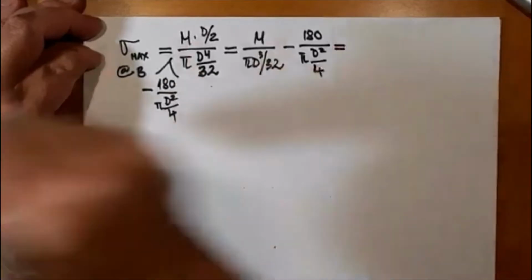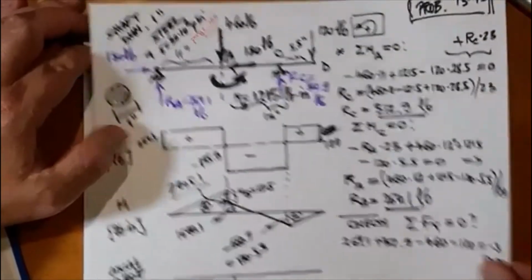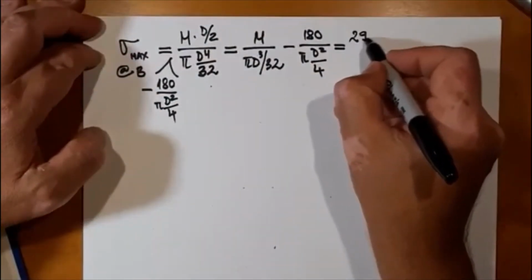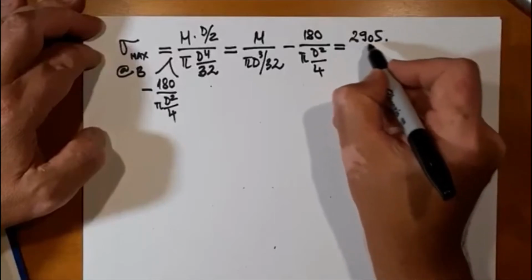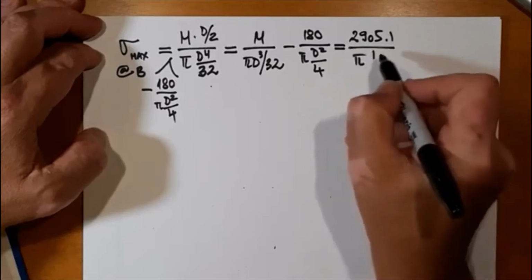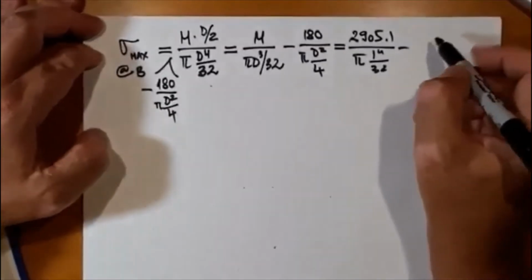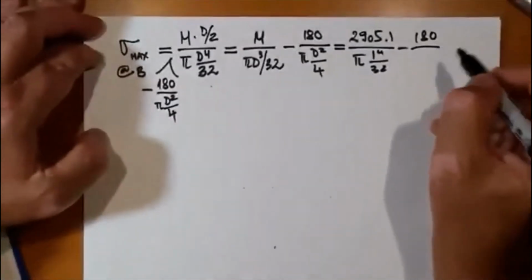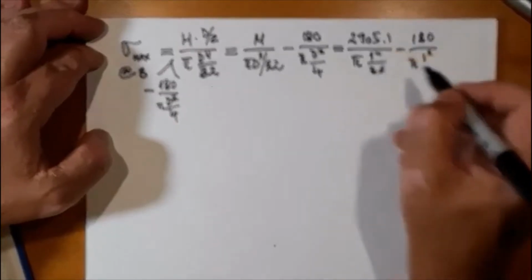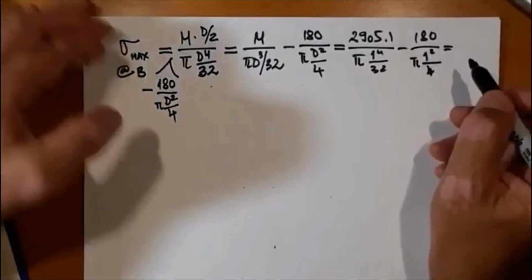So what do we have? I'm looking at the diagram. 2,905.1 over pi times 1 inch to the power 4 over 32, negative 180 over pi times 1 squared over 4. Okay.